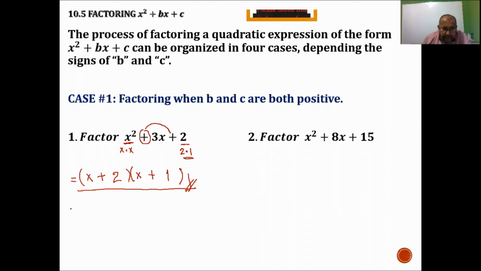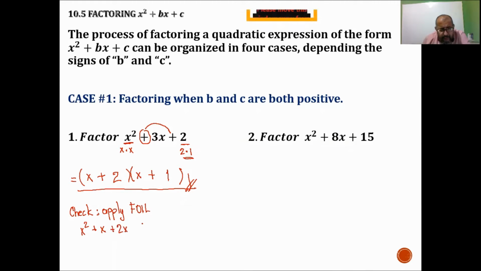Now, we can check if what we did is correct, okay, by applying the FOIL method, okay? So we apply the FOIL method to the process, okay? And we start multiplying. For example, x times x will become x squared. X times 1 will become 1x. 2 times x will become 2x.